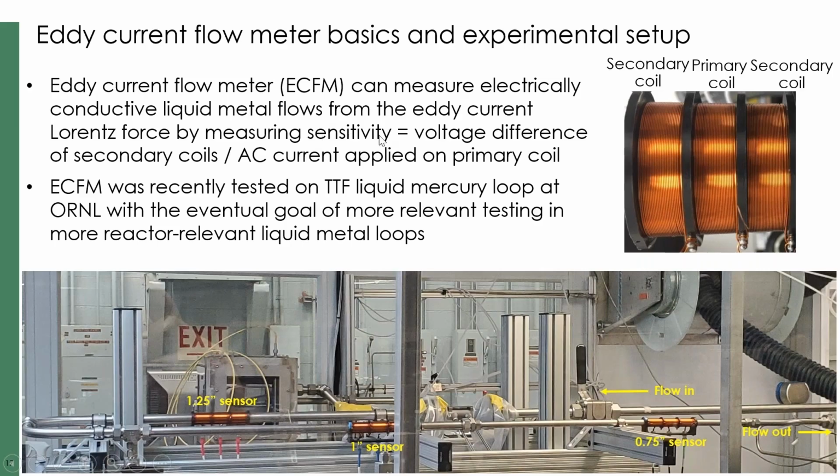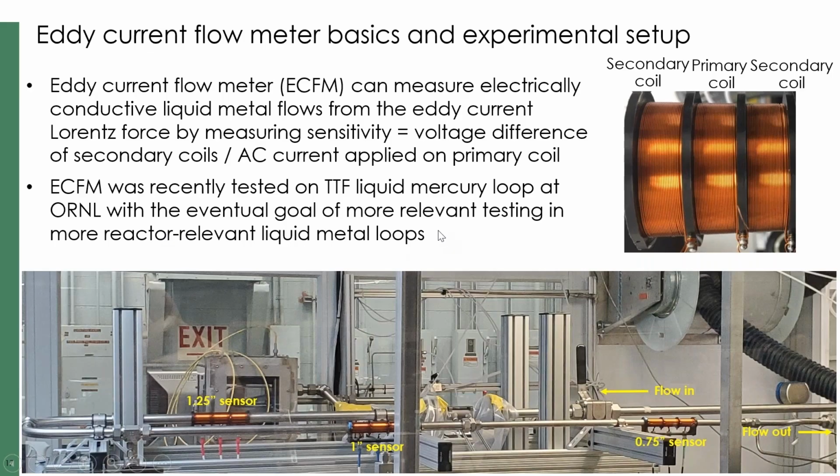So we define this as a sensitivity here, which is the voltage difference of the secondary coils over the applied AC current on the primary coil. And what we wanted to do here was to test these sensors to get an idea of how they can measure flows and flow profiles, with the eventual goal of more relevant testing in reactor-relevant liquid metal loops.